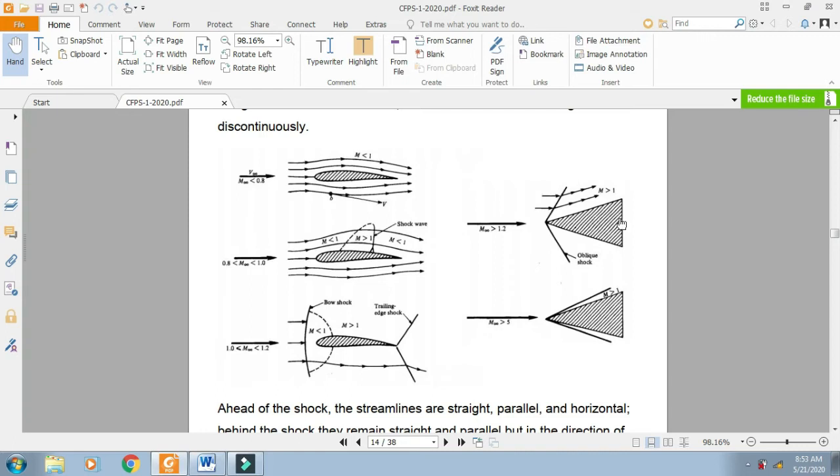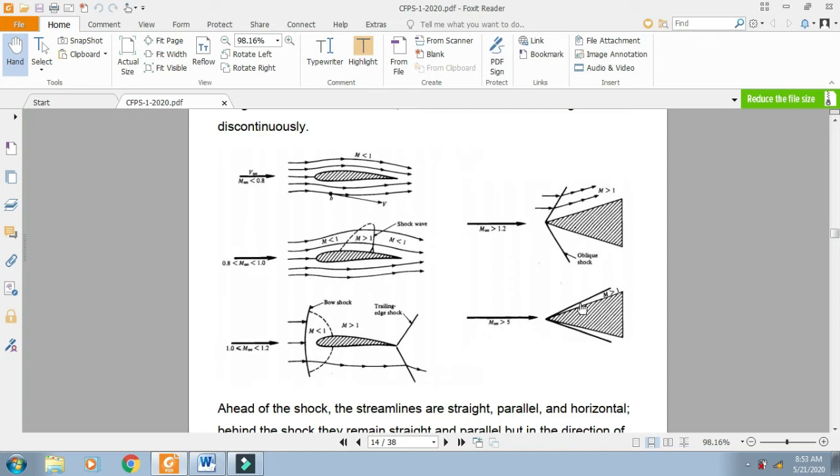In the fifth case, Mach number is very high, it is greater than 5. So this flow is hypersonic flow. The only difference between supersonic and hypersonic is the magnitude.